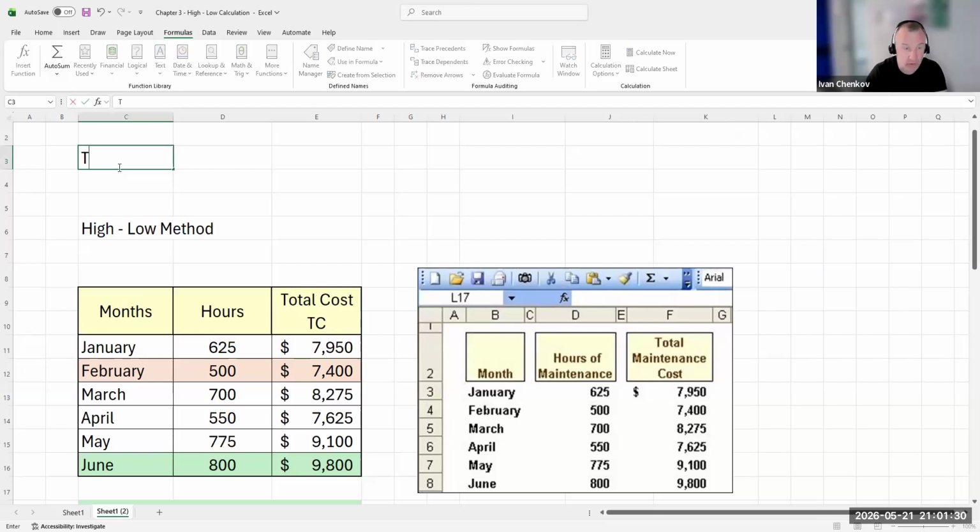I know that the total cost is equal to my fixed cost plus my variable cost. Also, I know that the variable cost is equal to the units of usage times cost per unit.